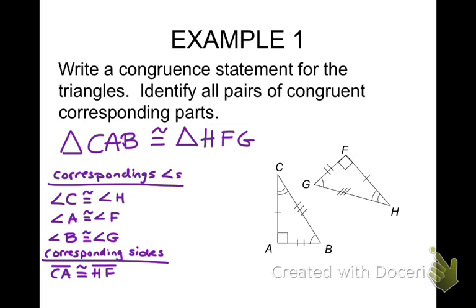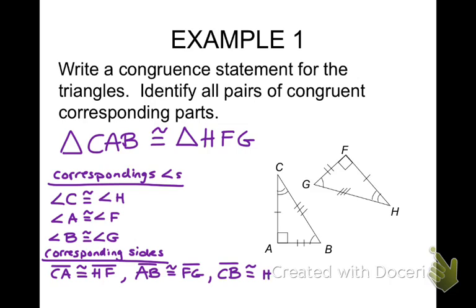All right, give me another side over in this triangle. AB. So if I go AB, what will be congruent to AB? FG. Notice AB, FG. And then our third side that we don't have yet, it would be CB. What would be congruent to CB?